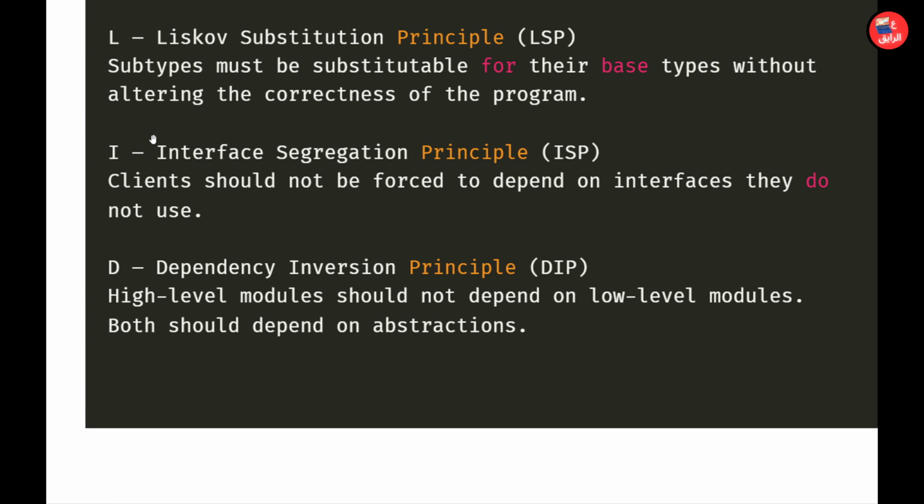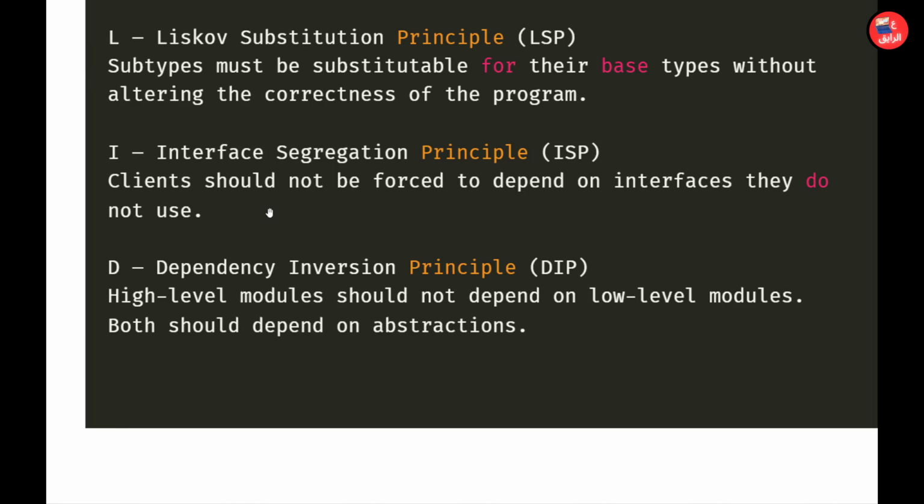Okay, character I stands for Interface Segregation Principle, also known as ISP. Okay, what does this principle say? This principle says clients shouldn't be forced to depend on interfaces they don't use.